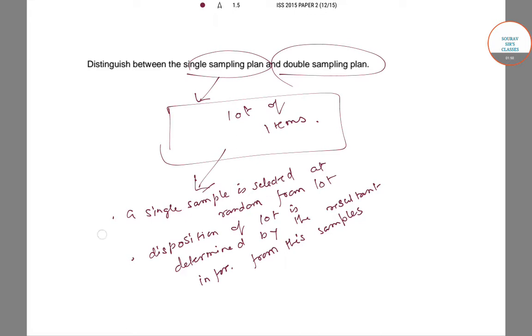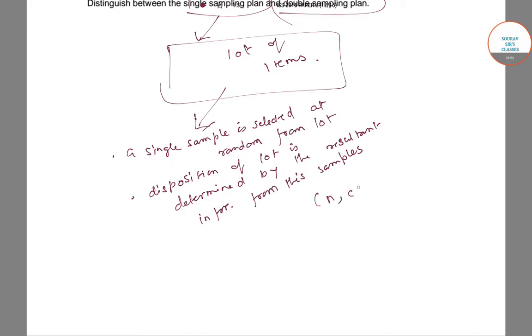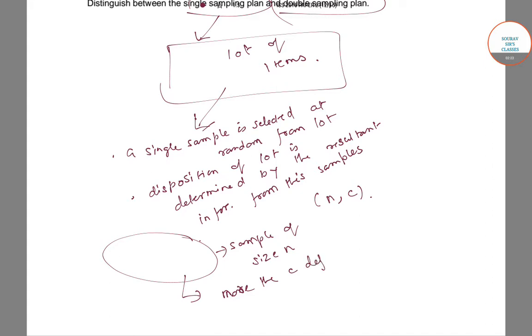This plan is usually denoted by n, C. Suppose we have a sample of size n, and if this sample has more than C defectives, then this lot is rejected.